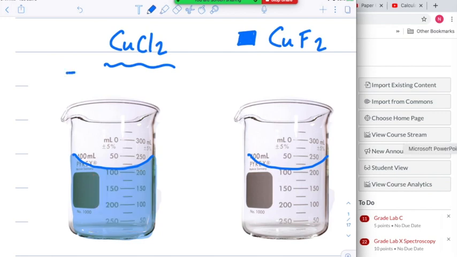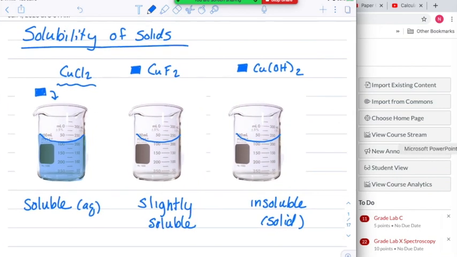So again, we had this piece of copper chloride. It went in, and when it went in, it dissolved completely, and we have this nice blue solution, which is what we would see for our copper chloride. And when that happens, we would call this soluble, or aqueous. So any questions about that copper chloride?